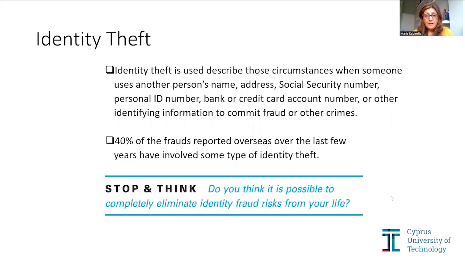Now, identity theft is used to describe those circumstances when someone uses another person's name, address, social security number, personal ID number, bank and credit card details, and they create an identity for themselves. So somebody goes through my rubbish bin or my computer system, identifies my name, my security number, my ID number, and creates another identity of Krambia-Kapardis, goes to the bank, gets a loan in my name that I'm not aware of, and uses that money.